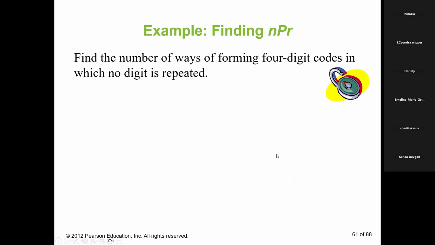So when you talk about the 4-digit code here, it can be 1, 3, 5, 7. It's a 4-digit code. Make sense? Because it said no digit is repeated, it can also be 3, 0, 4, 5. Got it?